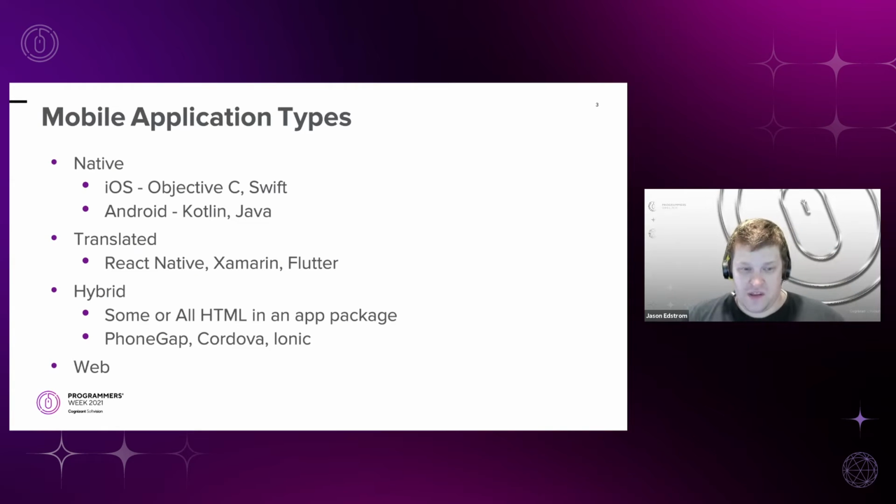The next one is a hybrid app, and this is where people utilize the responsive design of a web page and then wrap that inside of an app package. So you're still downloading an app and installing an app off of an app store, but it is calling out to web pages and formatting in a way that is consistent with mobile platforms.